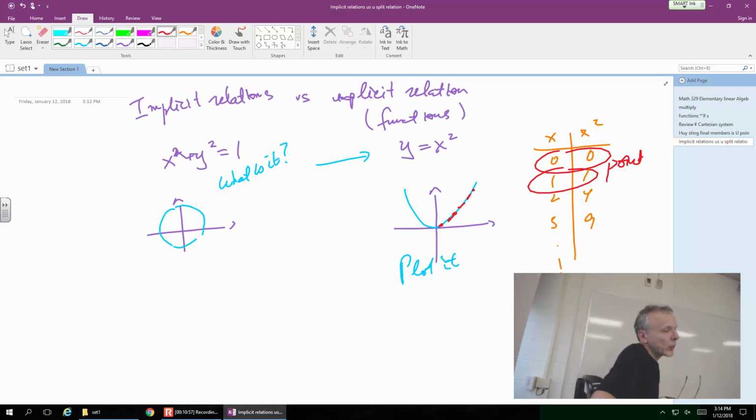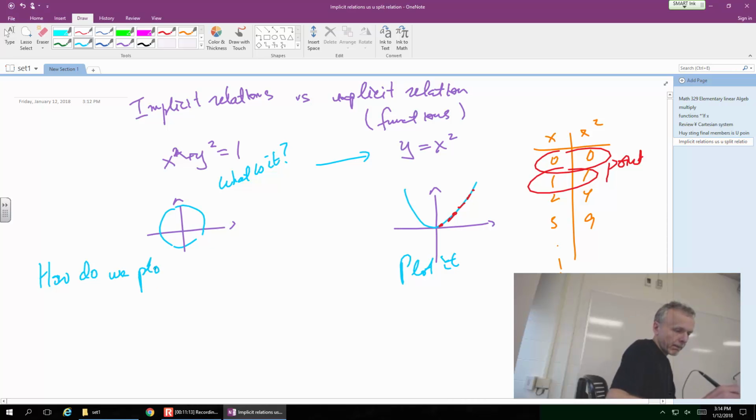Similarly, in the situation on the left, when the relation is implicit, suppose we have the equation x squared plus y squared is equal to 1. How do we plot it? Solve for one of the variables.